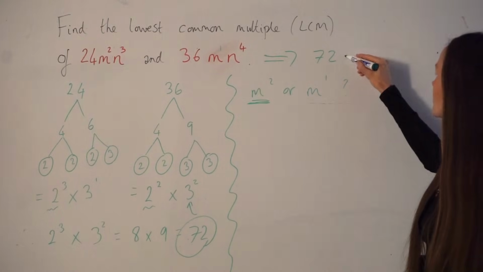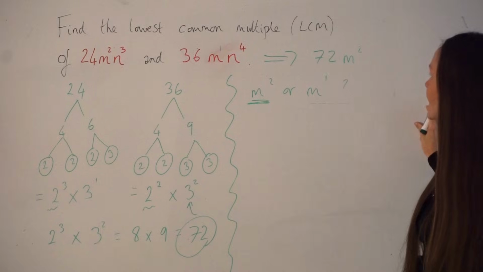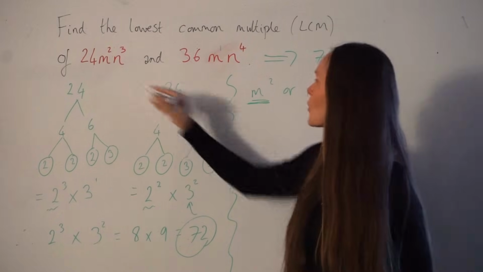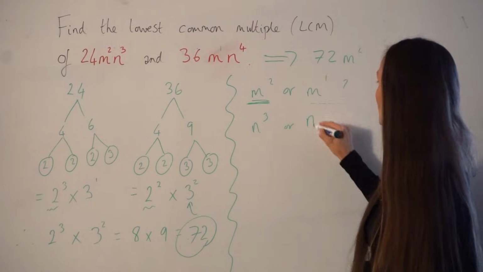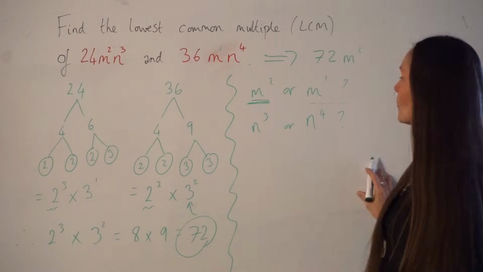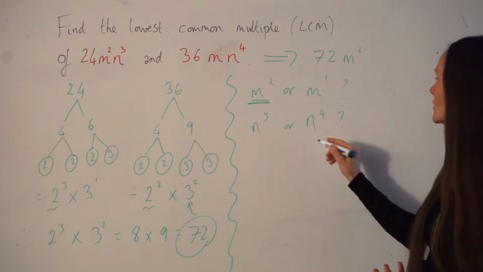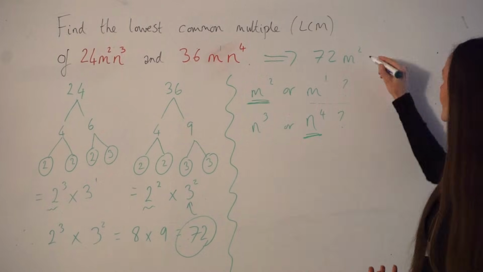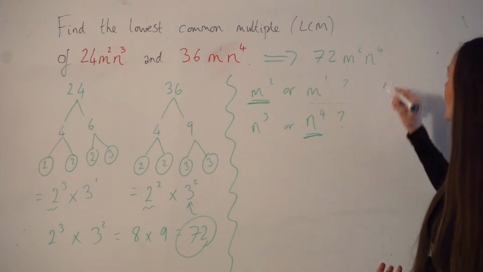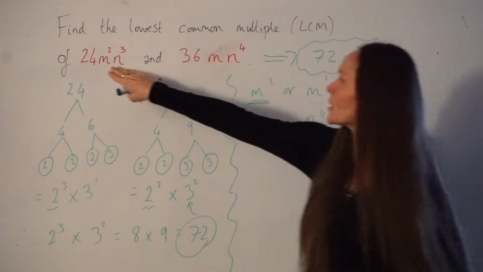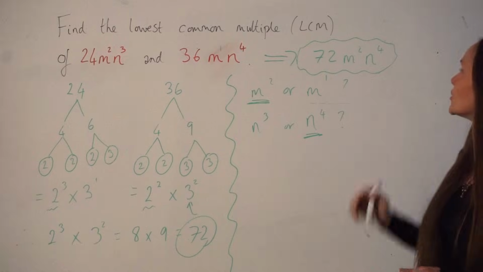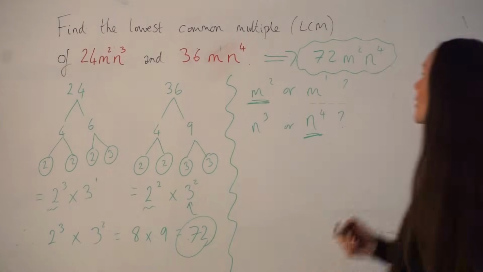I'm going to write it up here. And now we're comparing the letter n, so we've got n cubed versus n to the power of 4. The one with the highest power is obviously n to the power of 4. So that is the final part. The LCM of those two algebraic expressions is 72m squared n to the power of 4.